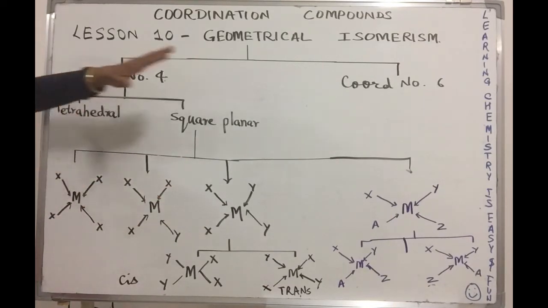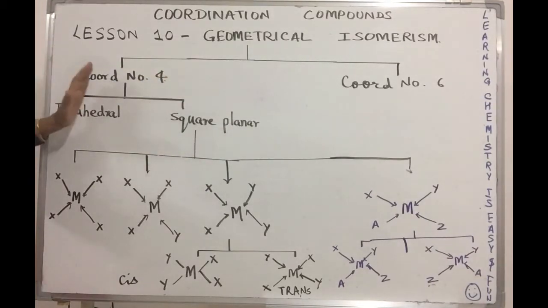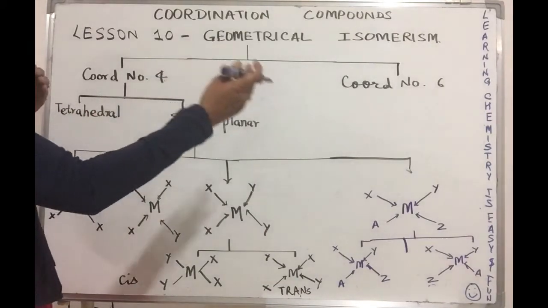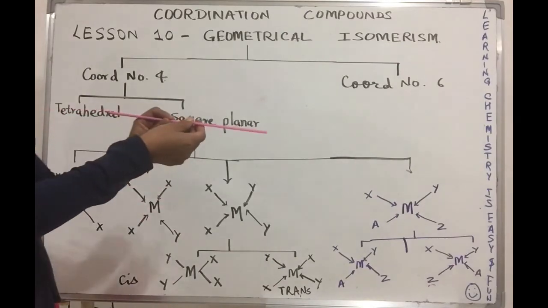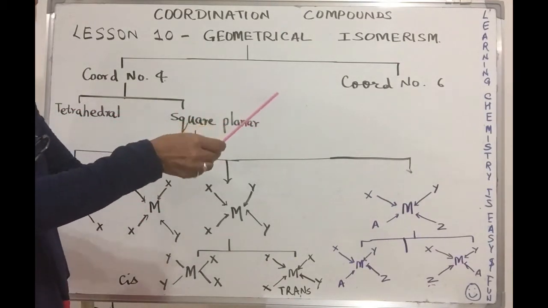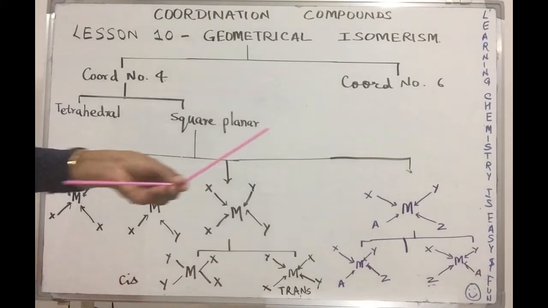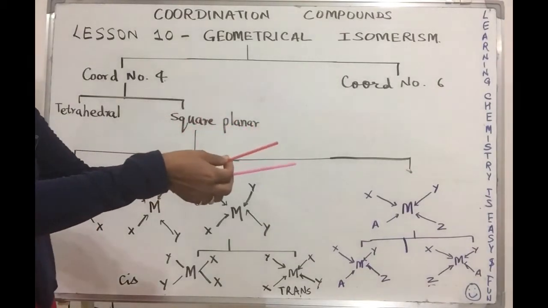We are taking up two types of cases over here, coordination number 4 and coordination number 6. What you need to understand over here is that we are talking about the position of the two ligands with respect to each other. You would be wondering why we are not talking about coordination number 2. Coordination number 2 means I have two ligands, whether they are same or they are different.